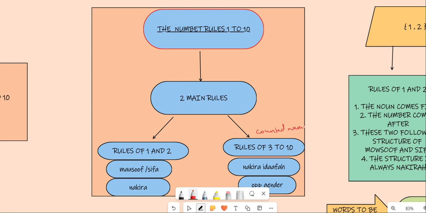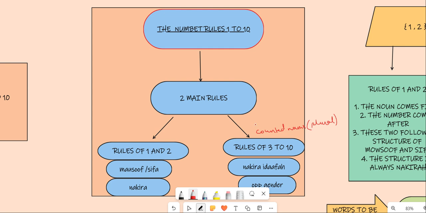I don't remember if I have given this before. So there is another thing that you have to keep in mind: the counted nouns should be plural. We will do the examples, then you will understand what I mean by counted nouns being plural.